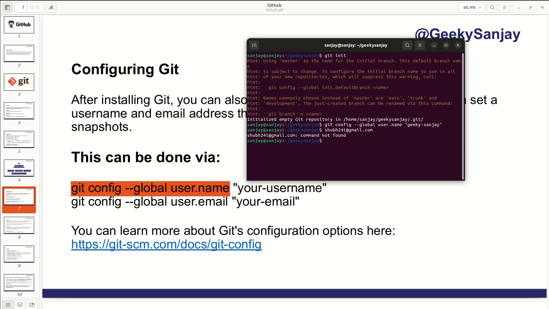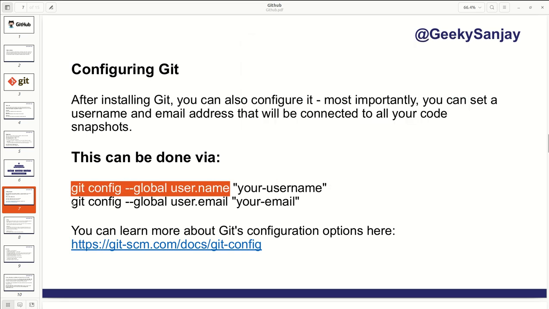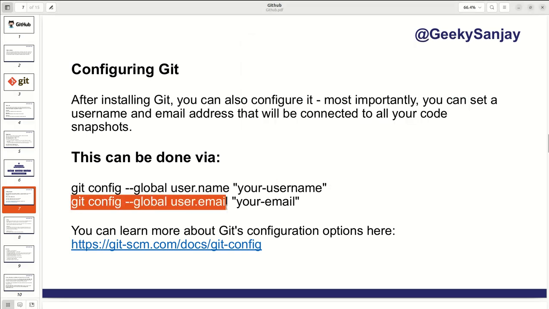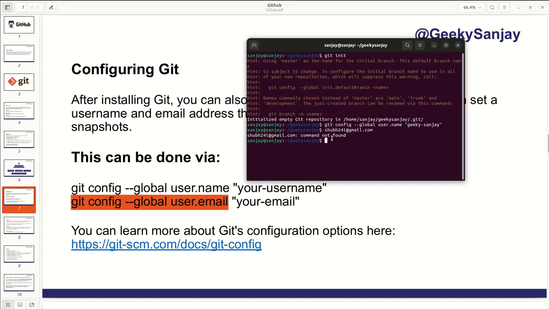We have to take this command to set the email, and we will paste it here, and then simply put our email address shubh24i@gmail.com and press enter. Now it is configured locally.